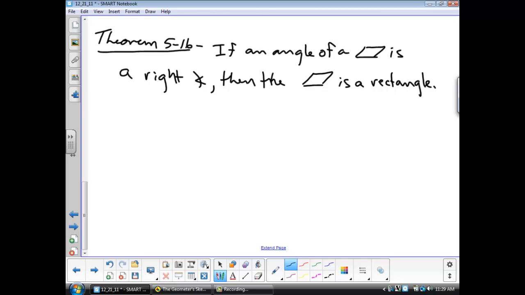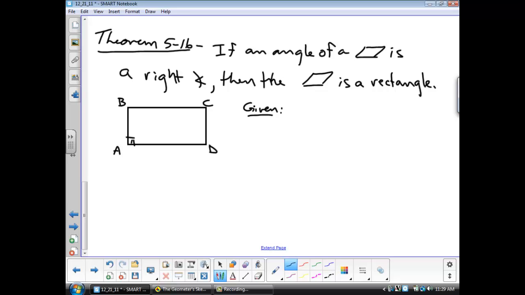So we're going to have a parallelogram. Let's see if I can find the one I want here. We'll call it ABCD. And we're going to be given that this is a parallelogram and that it has one right angle.